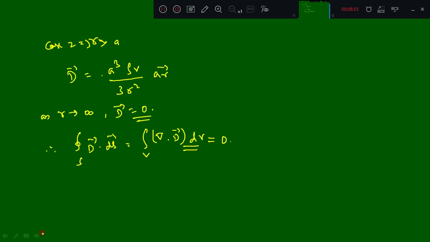So we will take one more problem along the same lines. The problem statement is, we have given D equal to 5r a_r coulombs per meter square.